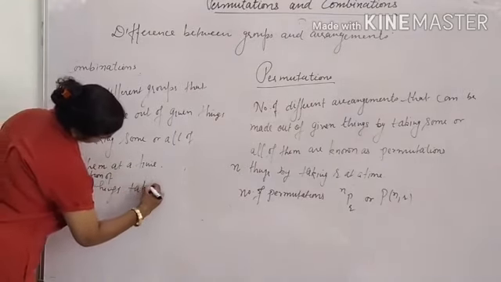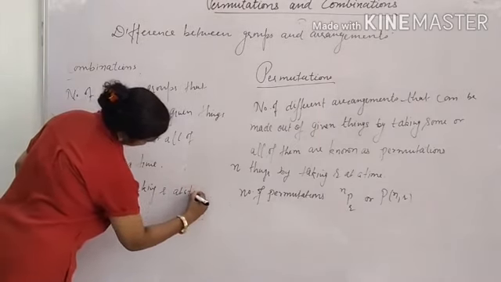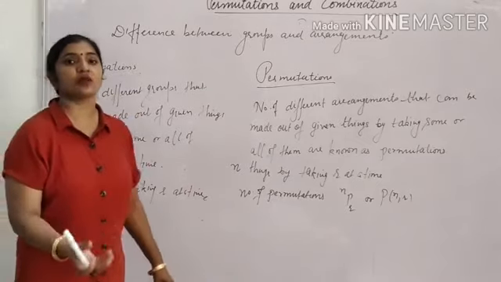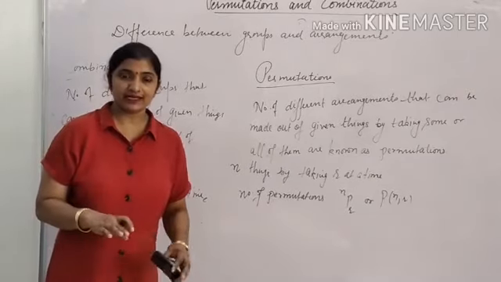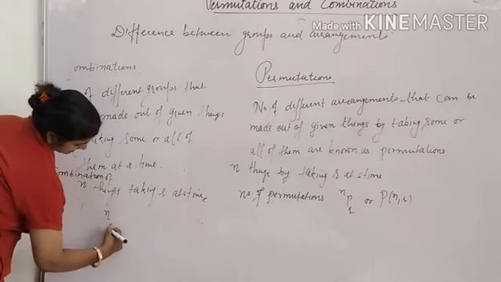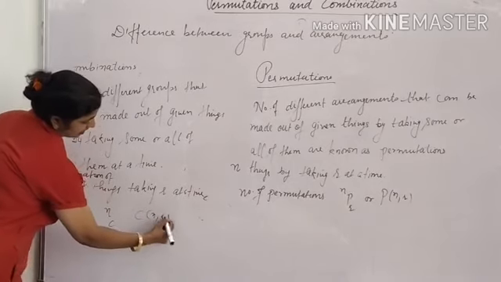Suppose you want to select or make a group of 2 alphabets out of 3, it is denoted by nCr or C(n, r).